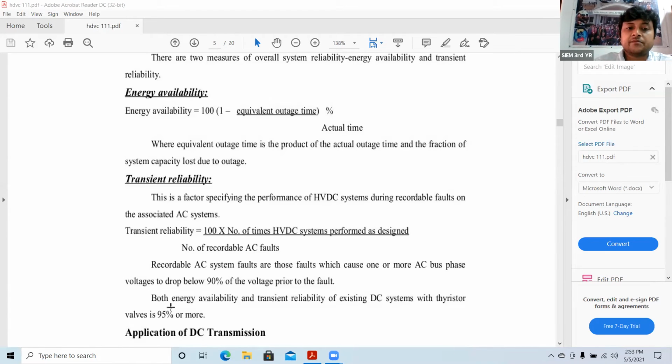Okay. Now, both energy availability and transient reliability of existing DC systems with thyristor valves is 90% or more. So these are the categories you have to know.